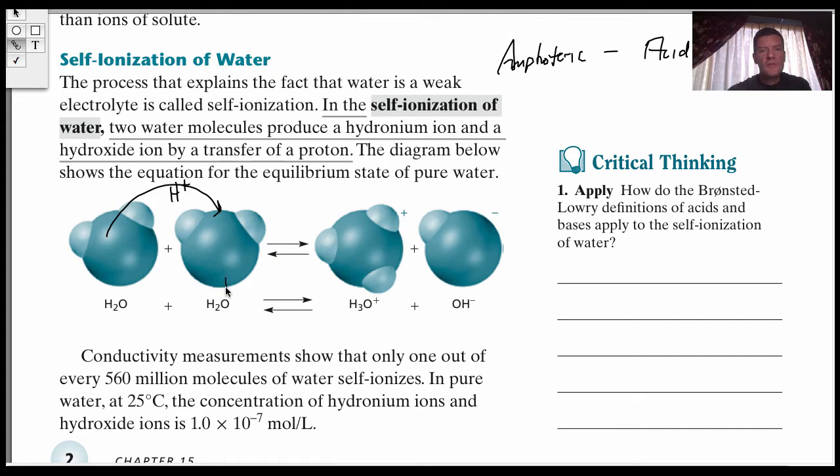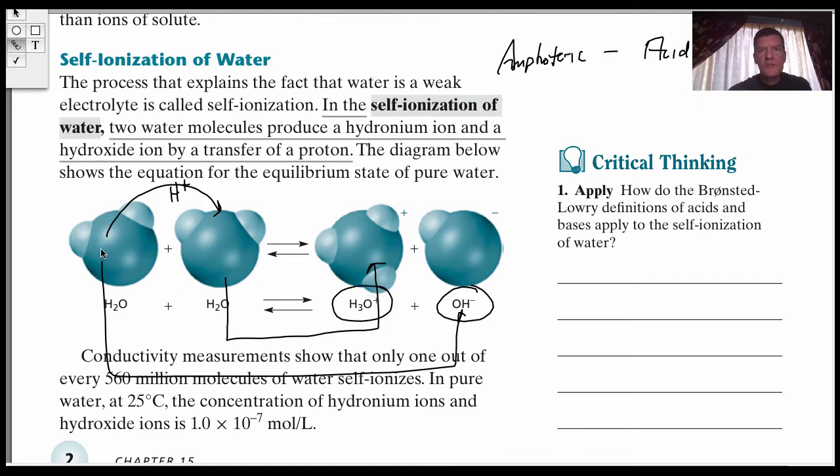And that water molecule is going to become H3O+. And the one that lost its proton, its H+, is going to turn into OH-. So if water loses its H+, it's just going to become OH-. If a water gains an H+, it becomes H3O+.